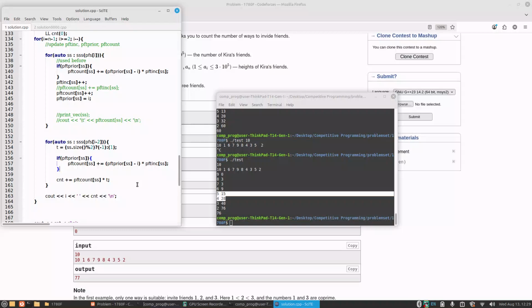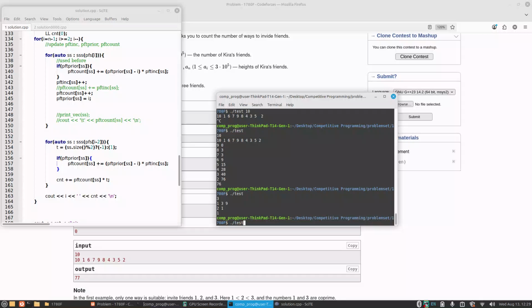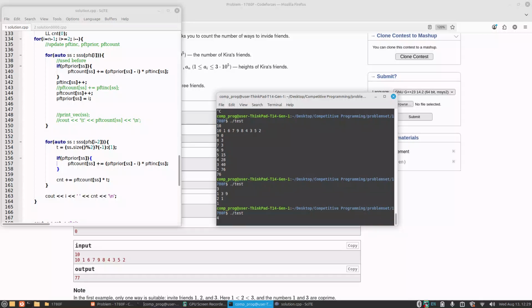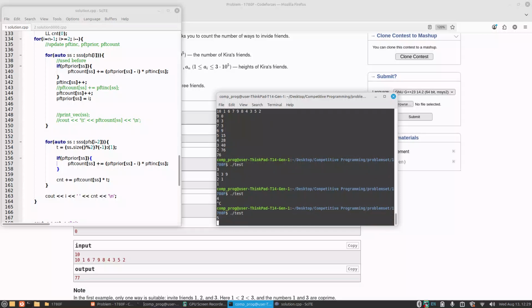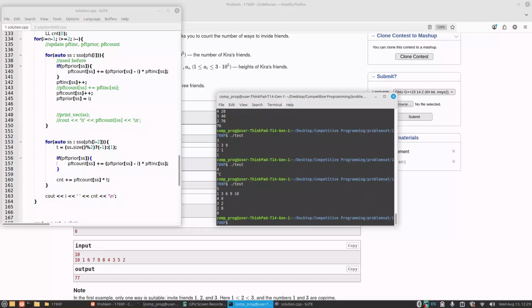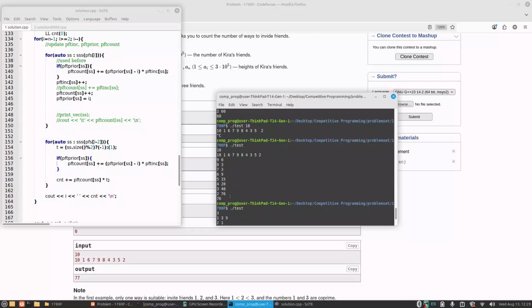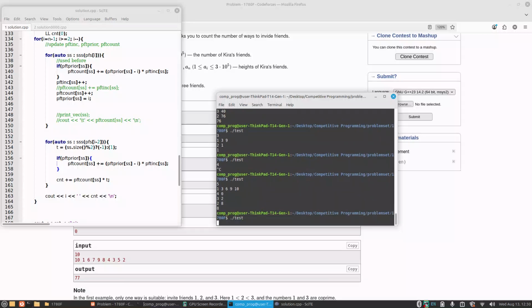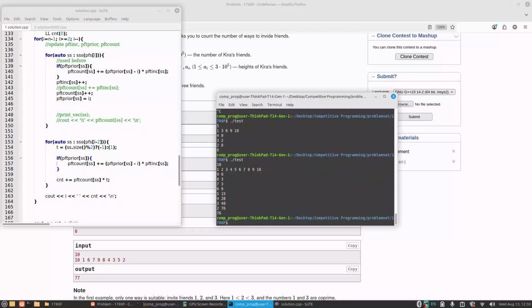We'll just do... Such a weird bug for it to be doing it on this test case in particular.